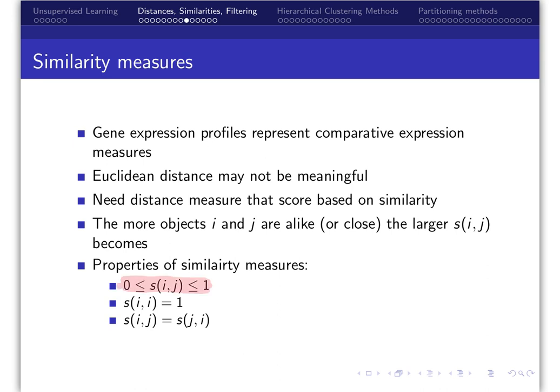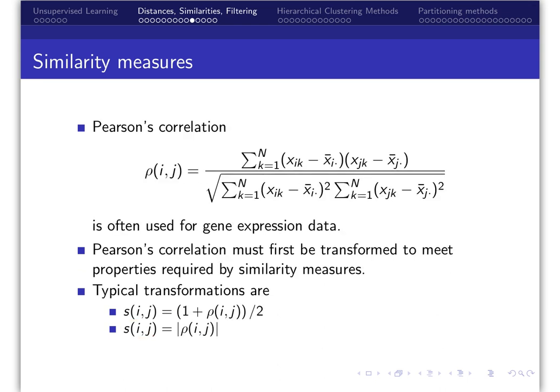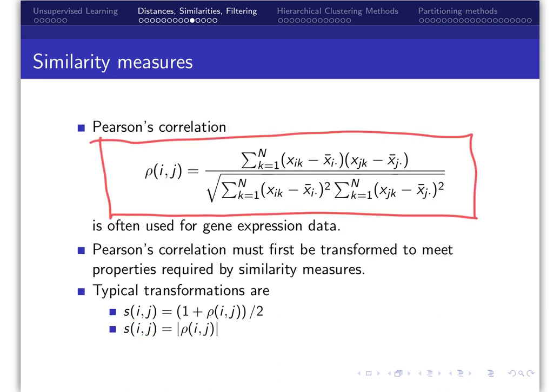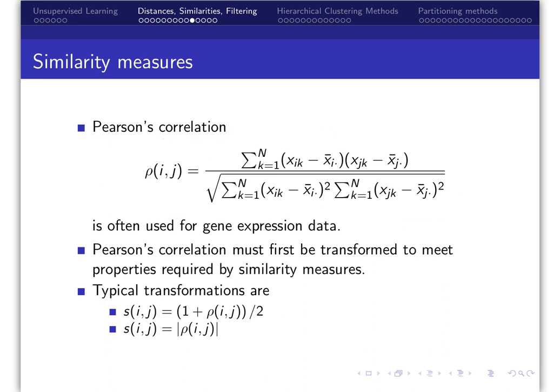The similarity is in the 0-1 interval, the similarity between an object i and itself is 1, and similarities are symmetric. Pearson's correlation, defined by this equation, is often used for gene expression data, though it must first be transformed to meet properties required by similarity measures. That is, you cannot directly pass Pearson's correlation estimates to a clustering algorithm.